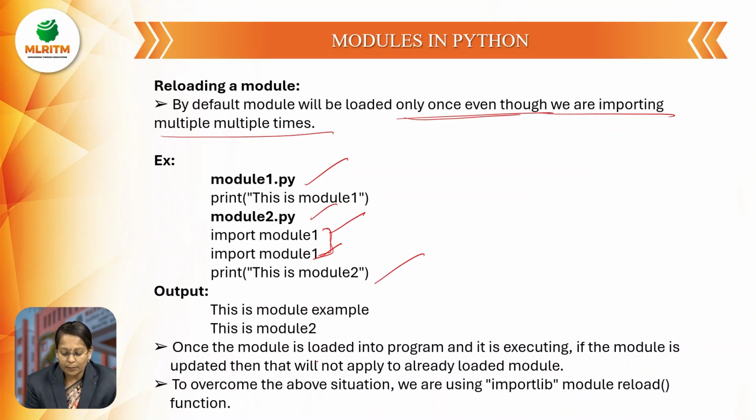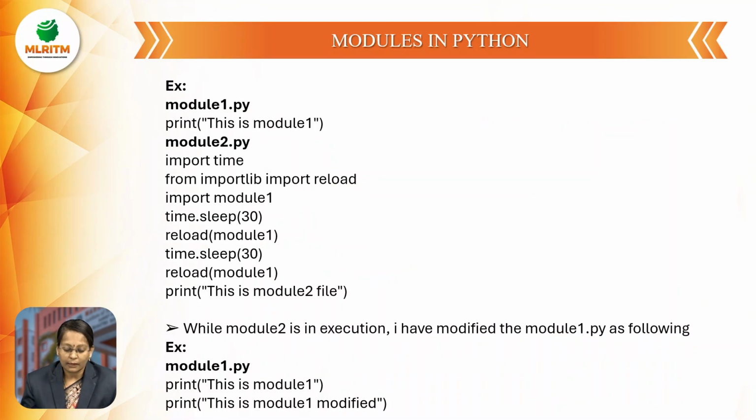Once the module is loaded into the program and it is executing, if the module is updated, the update will not apply to the already loaded module. To overcome this situation, we use the reload function of the importlib module. Example, module2: import time, and from importlib import reload.